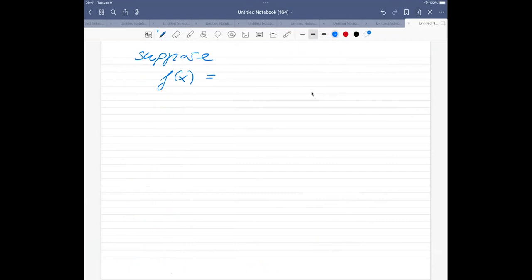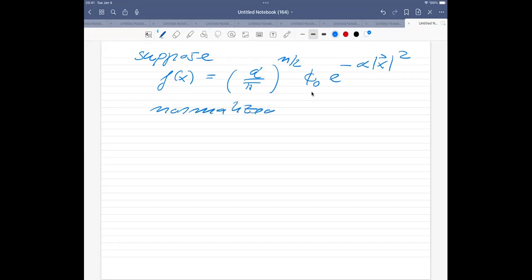So if you look at this function here, we could simply assume that it is given by some constant, alpha divided by pi, properly normalized, times phi 0, times the exponential of minus alpha times x squared. And this is normalized. So again, it's a Gaussian.